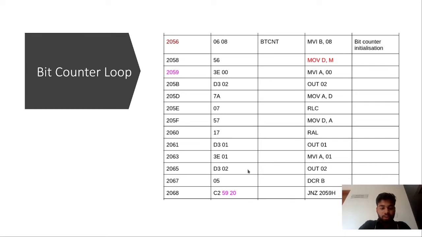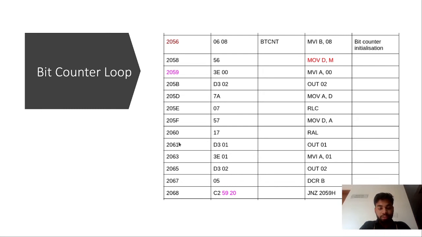Now coming to the bit counter loop, we have a total of 8 bits including the decimal point. This is explained in the previous slides. So there are a total of 8 bits including the decimal point to represent a character. We have to port out all 8 bits of a character to display a single character.